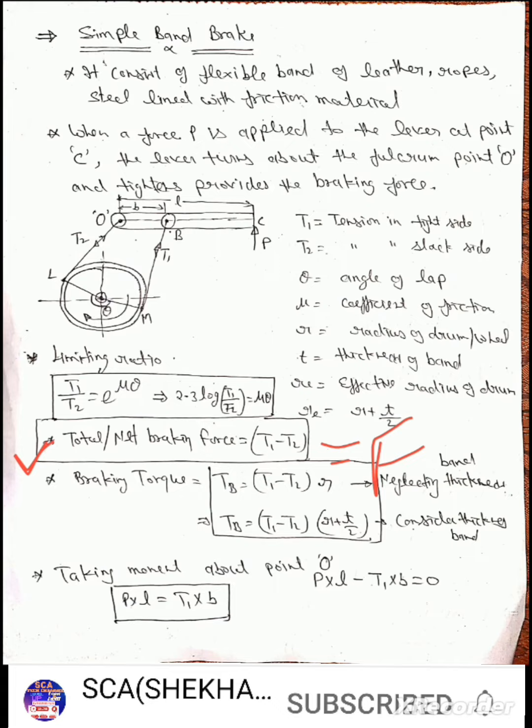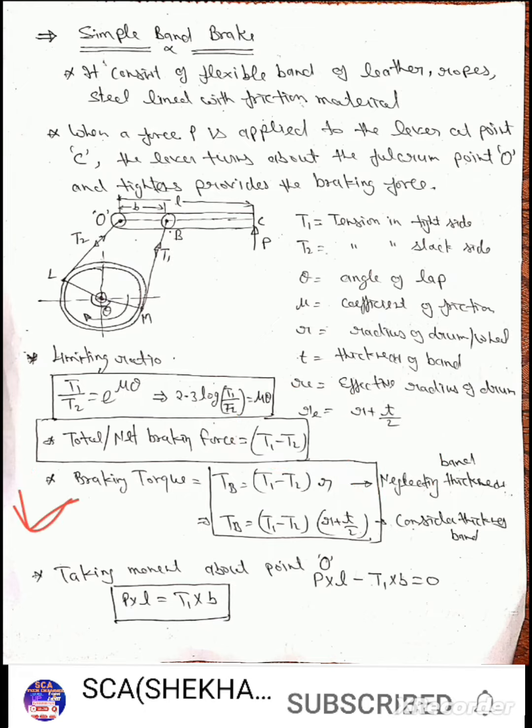We assume T1, the tension in the tight side, to be positive, and T2, the tension in the slack side, to be negative. So the net or total or effective braking force will be F equal to T1 minus T2.